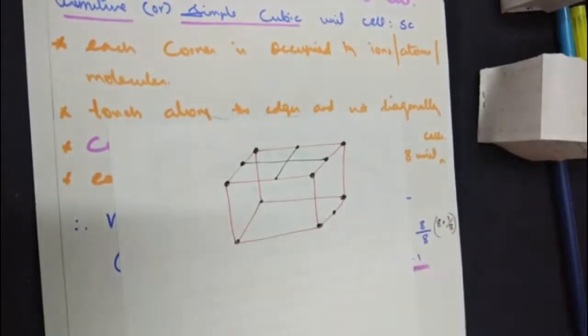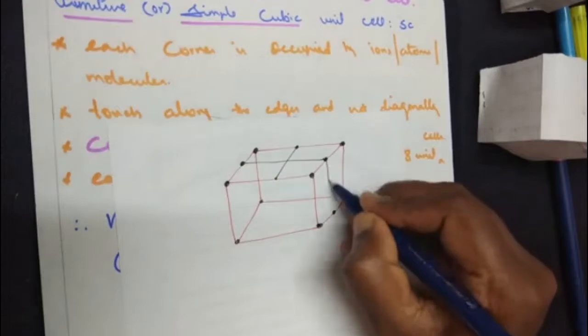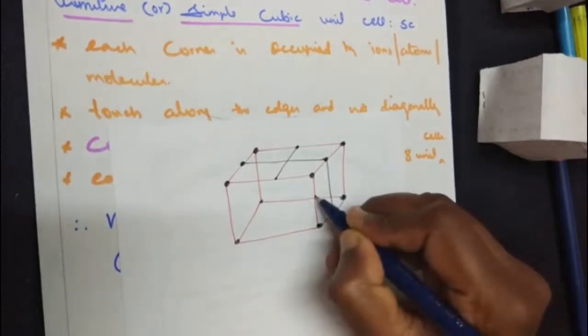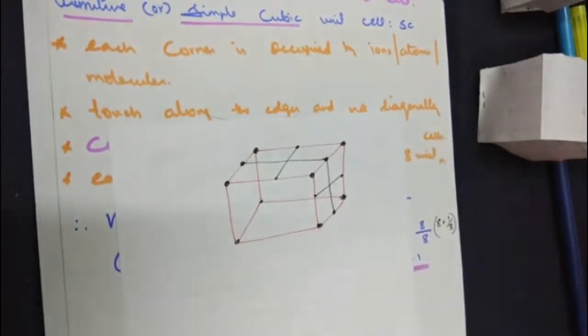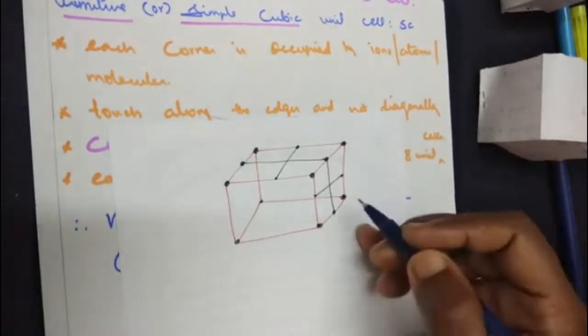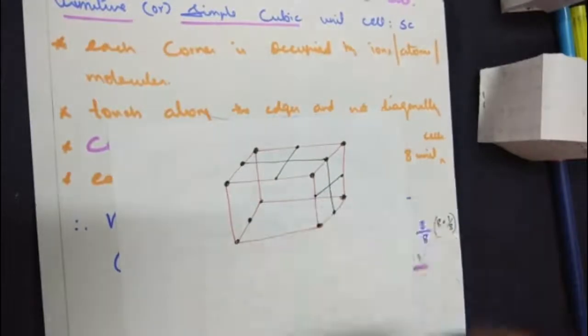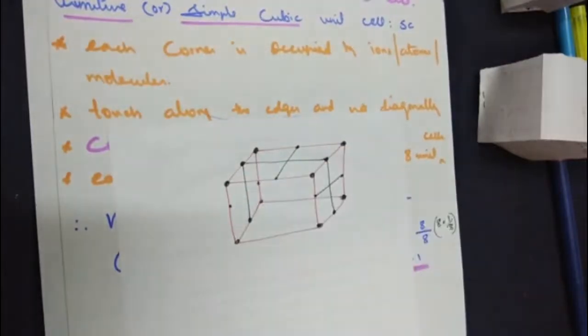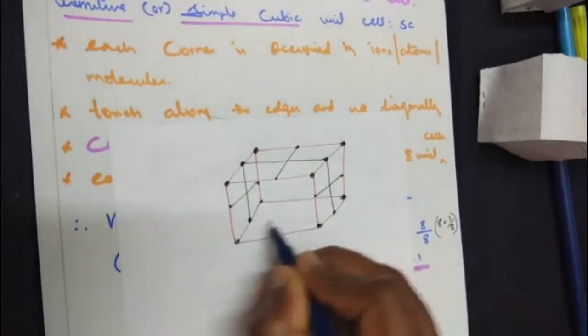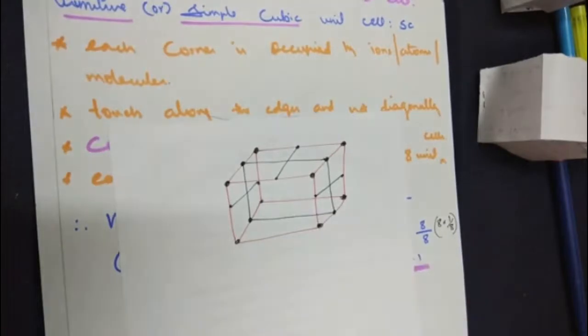This face also you divide by 4. Keep a point here, keep a point here, join these points. So this face is also divided by 4. Similarly, each side you try to divide into 4 divisions. Now similarly here, the points are already existing, join.